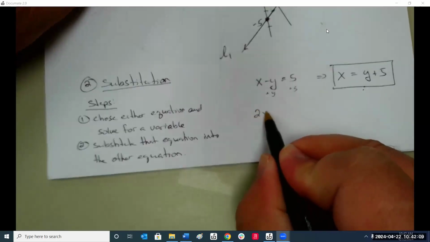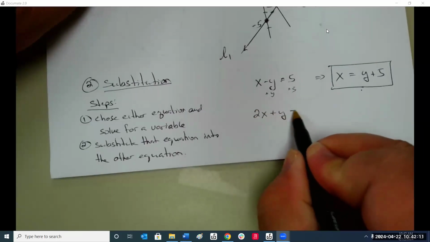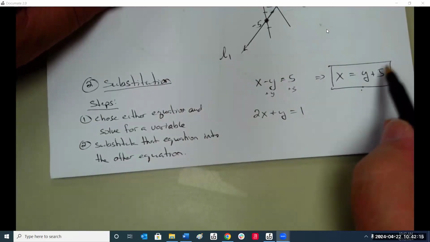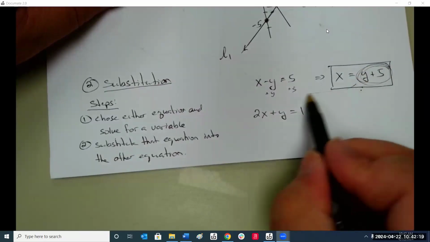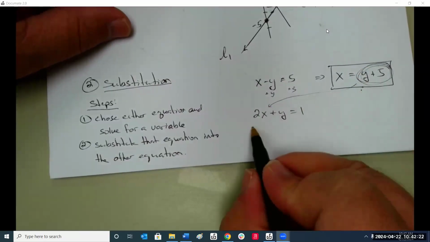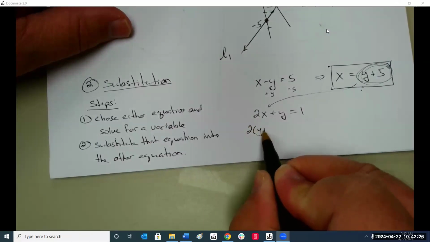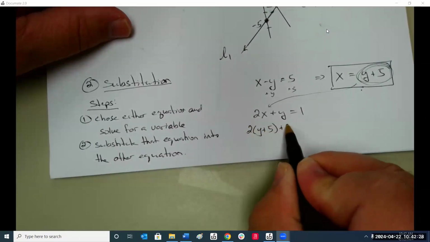So the other one we didn't use was 2x plus y equals 1. So anywhere I see an x, I put a y plus 5, because x equals y plus 5.